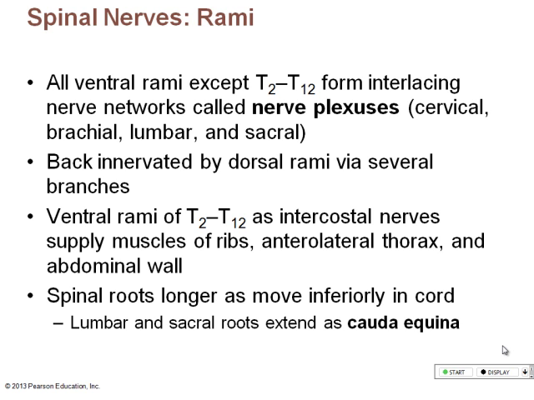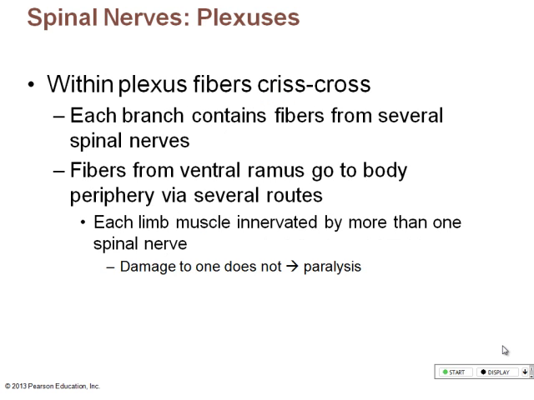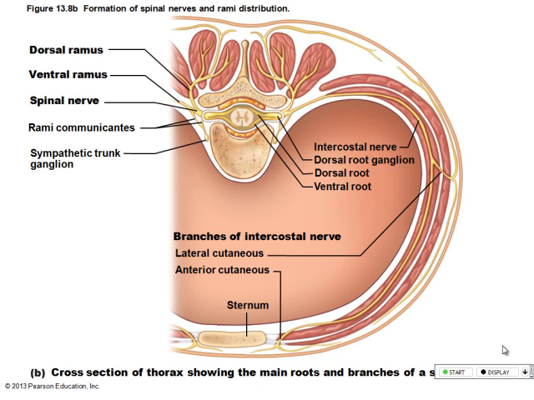That arm. Lumbar, lower back. Sacral, lower limbs. Some of these different plexuses have fibers that crisscross. We can see in this diagram on page 502 how some of the branches innervate different groups of skeletal muscle.